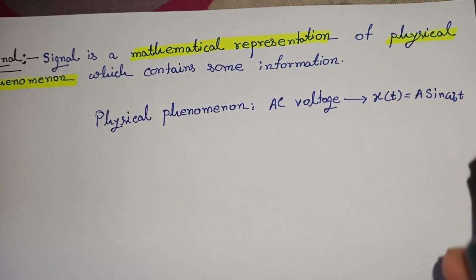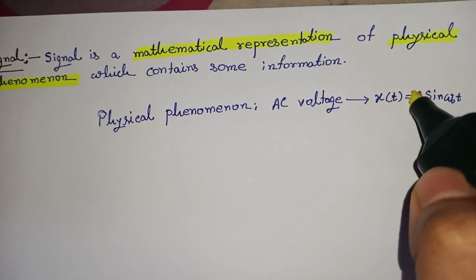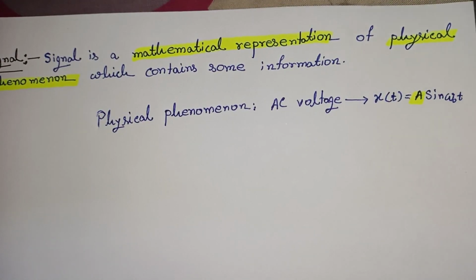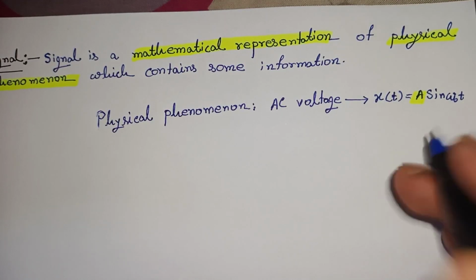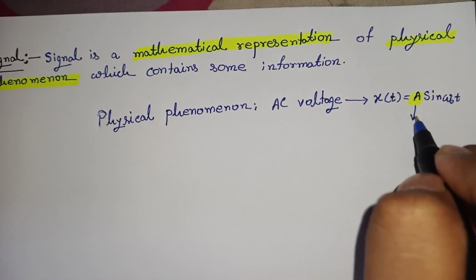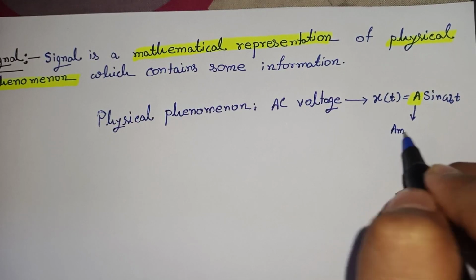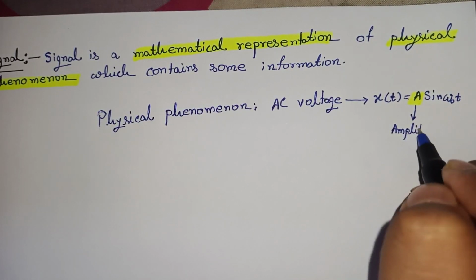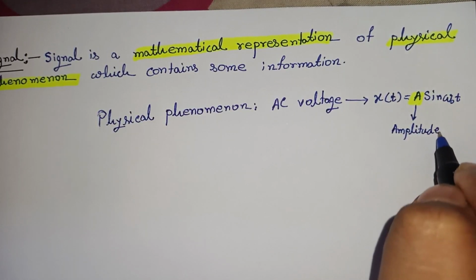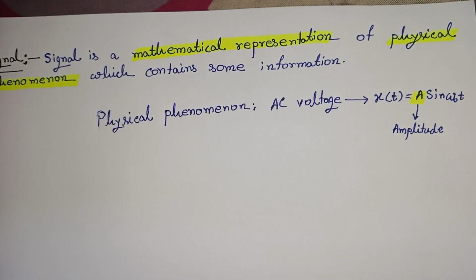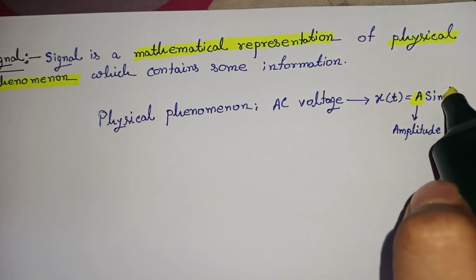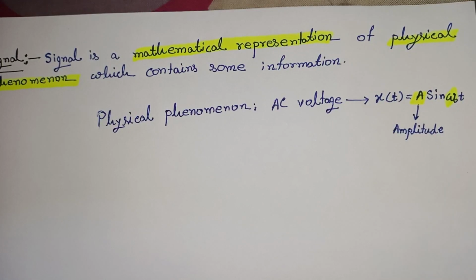Here A is the amplitude, and what is omega naught? Omega naught is the fundamental frequency.